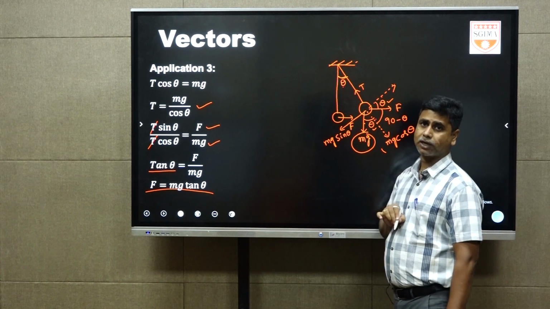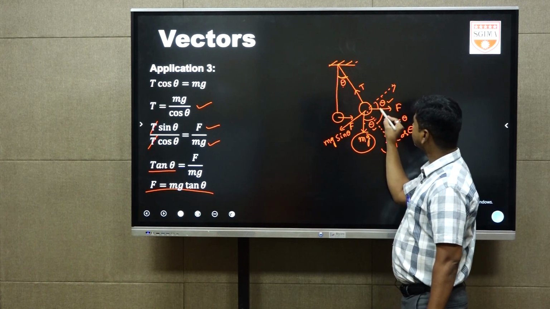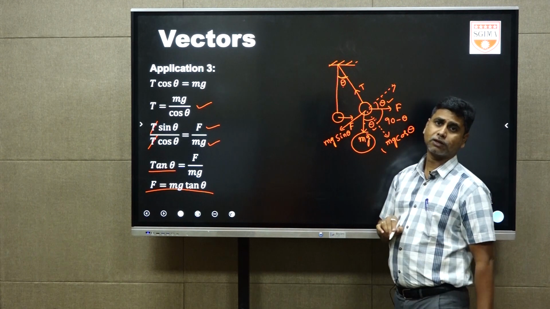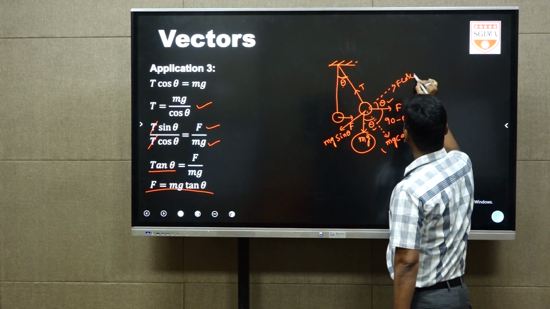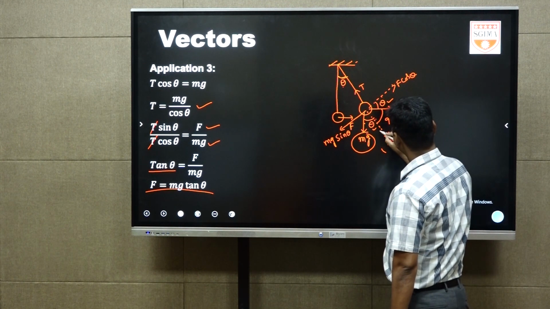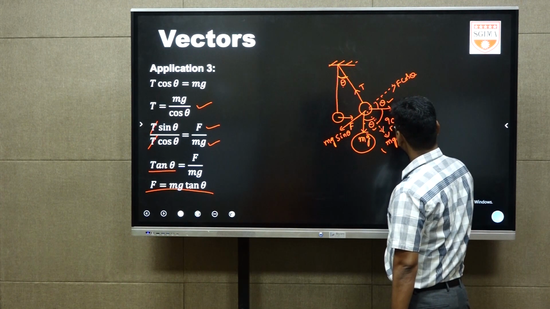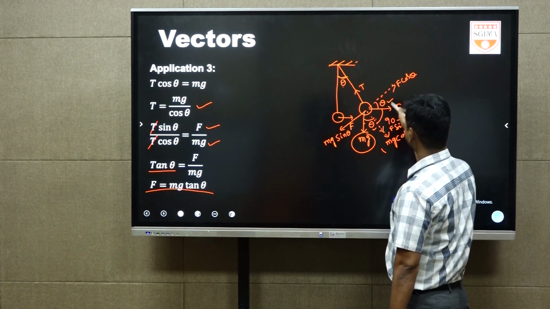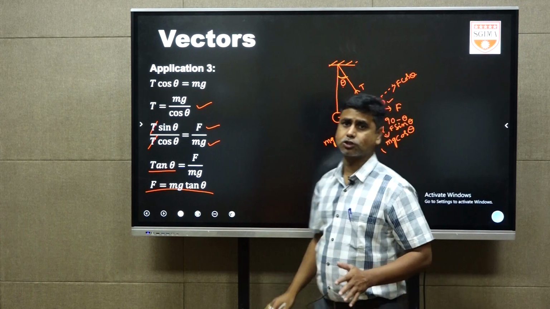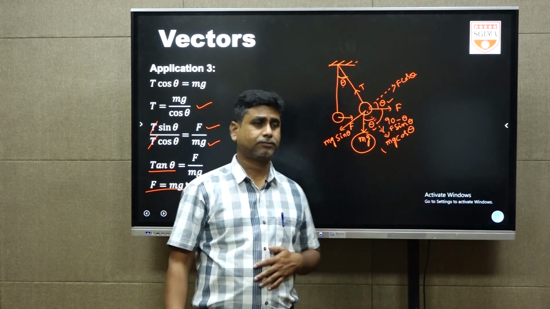Along this line the cos component will act, where we have theta in the line only the cos component will get, F cos theta. In this line F sin theta will act. That is the resolution of F. Like this, any vector can be resolved.